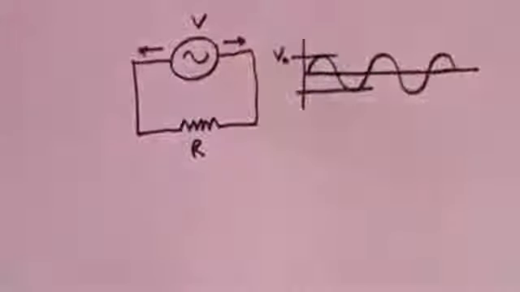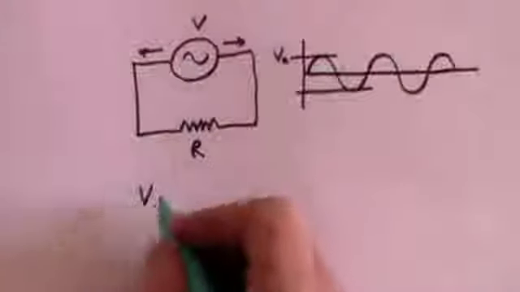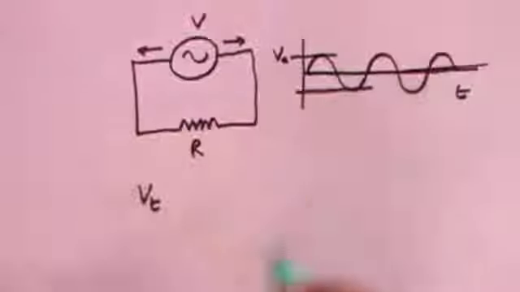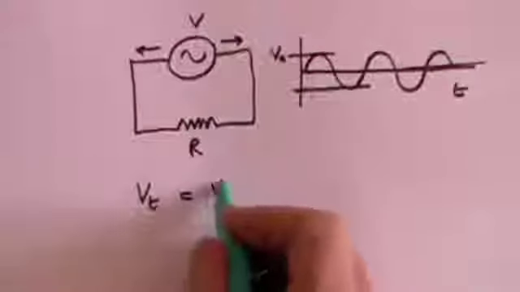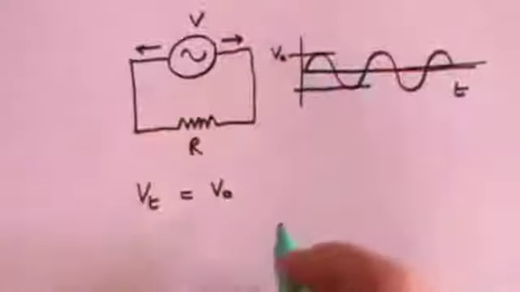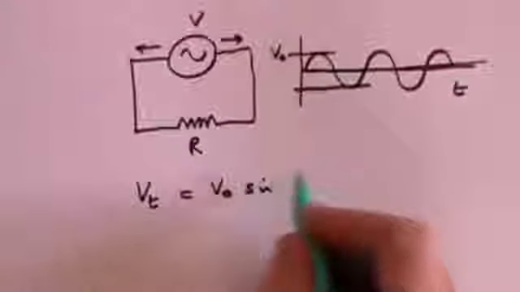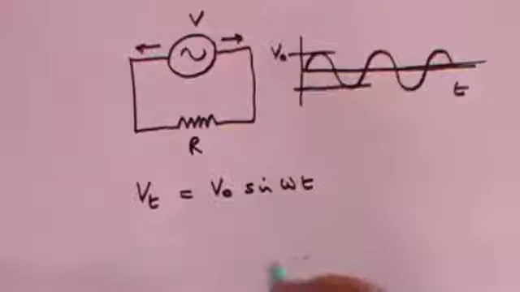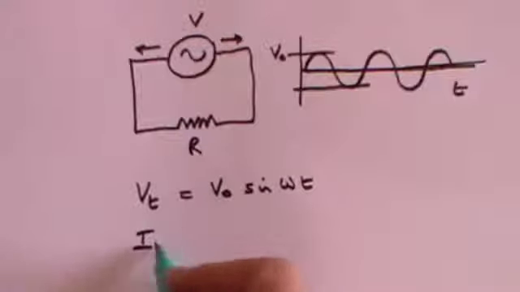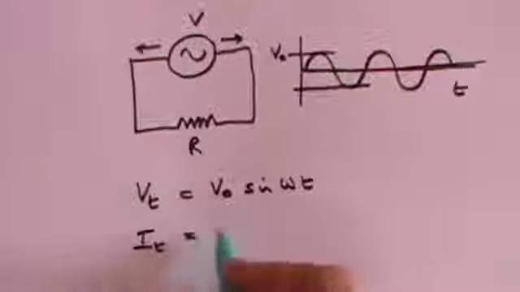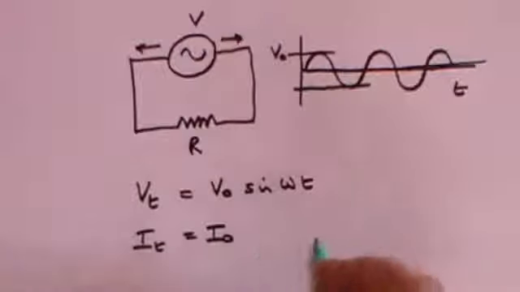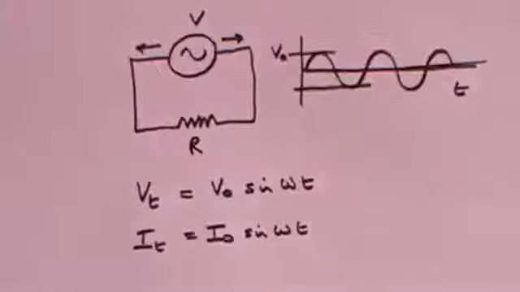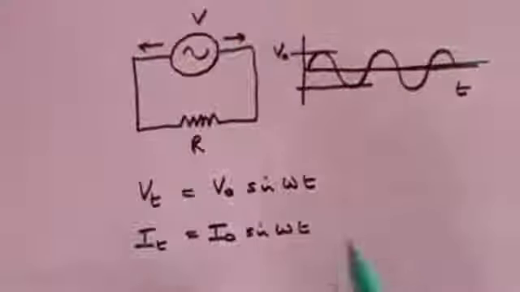And the mathematics that describe this says that the voltage at any time t, this is of course time, is equal to V0, which is the maximum voltage, times the sine of omega times time. Or, if you want to talk about the current, I(t) is equal to the maximum current times the sine of omega t.